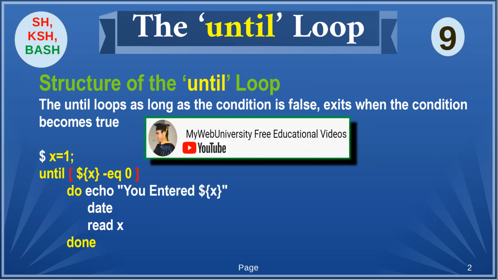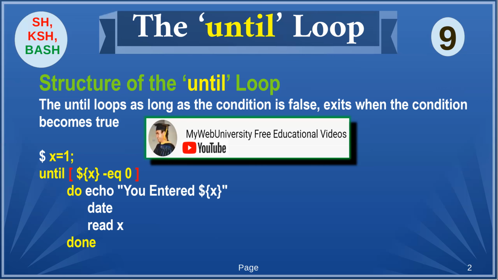So you're saying until $x equals 0, which at this time is not 0, it is 1, so it just keeps looping. It prints the date command, and then it reads the input from the user. So when the user enters 0, it automatically exits.